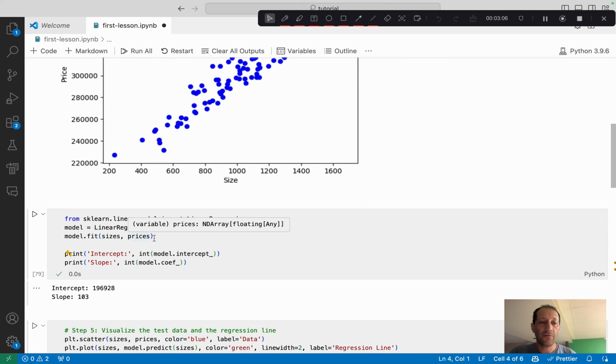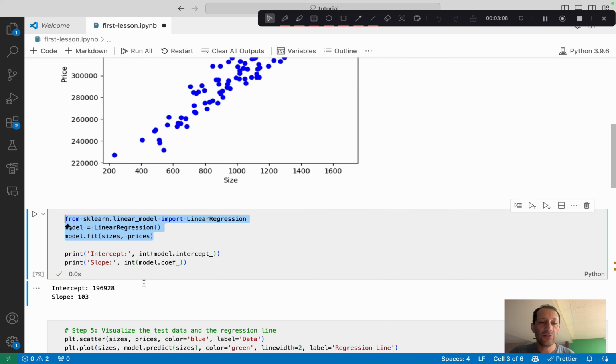These 3 lines of code are essentially all you need to do to train a model. So let me walk you through it. The first step is you go to a library, and a library is a bunch of code that the community has written so that you don't have to write it from scratch. It's a way of sharing and leveraging each other's work.